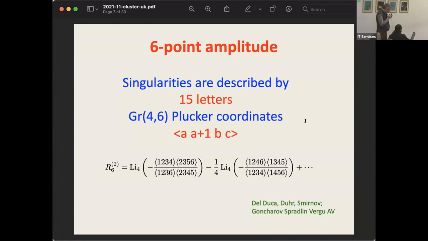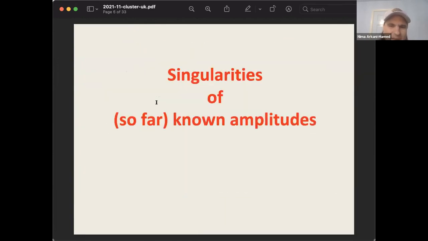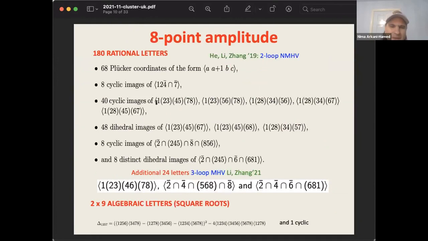Okay, is there a question online from Nima? Yes. Hi, Nastia. I just have a question about the general idea that as we go to higher loops, we see more and more letters. This idea that we should only see finitely many letters has to do with your work, that there's finitely many loci where we expect to have singularities a la Landau equations.